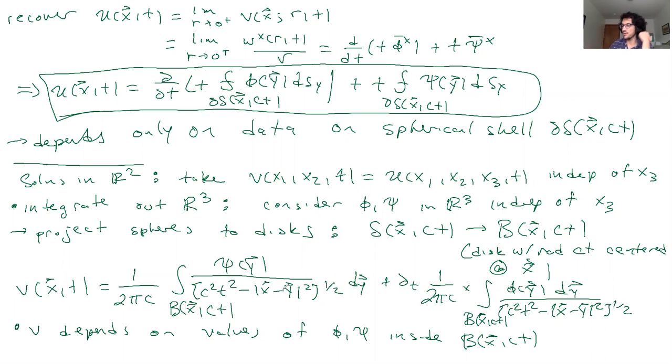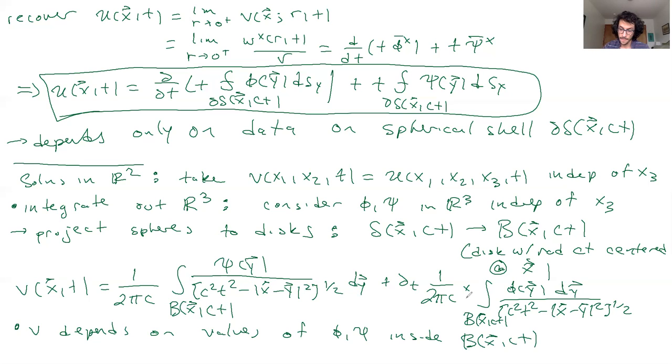Now everything inside of this disk matters. That's essentially the cause of Huygens principle not holding for n equals 2, because I can no longer say that just the leading edge of the wave is what matters. The inside of the wave matters too. And so I'm not going to get this nice interference cancellation of spheres at the leading edge of the shell in this case.